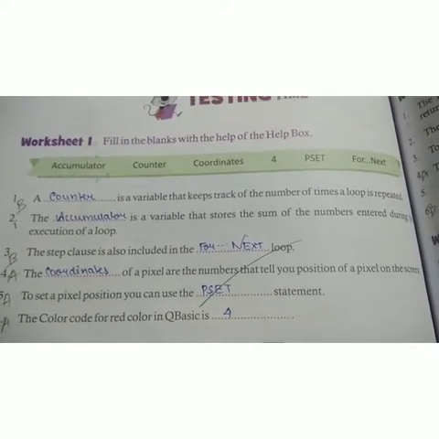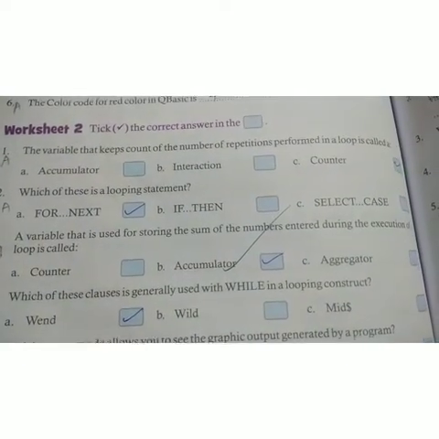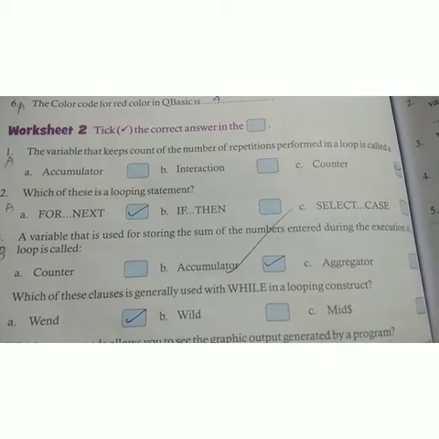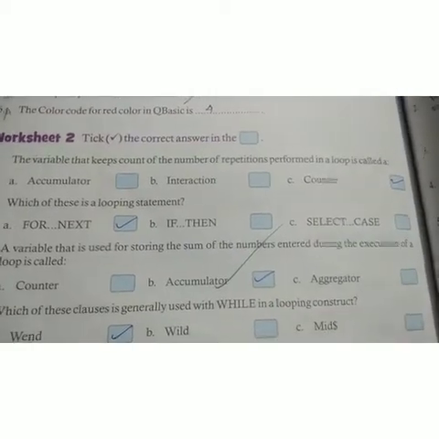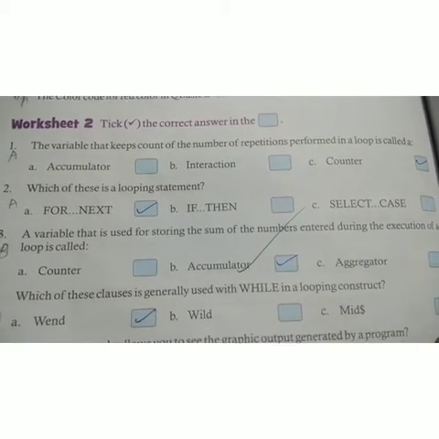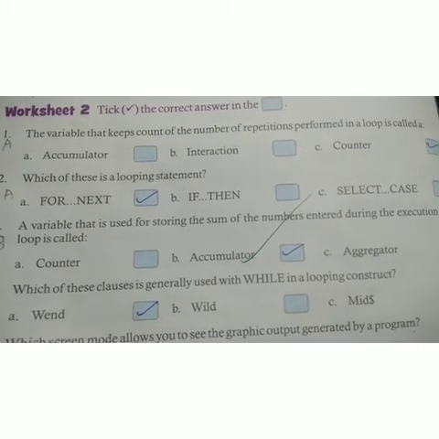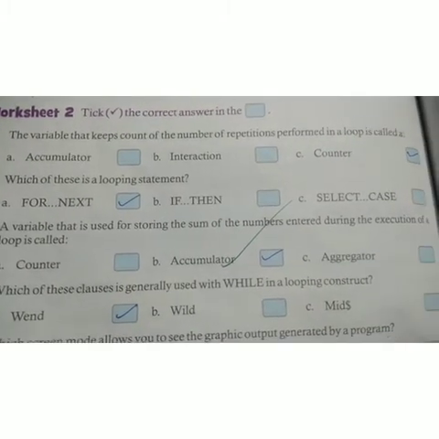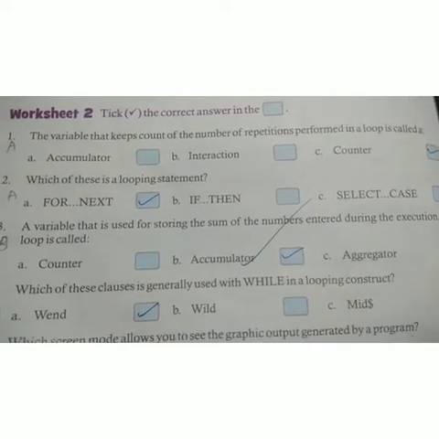Okay, so next is worksheet number 2. Tick the correct answer. First question: the variable that keeps count of the number of repetitions performed in a loop is called a counter. Next, which of these is a looping statement? FOR NEXT. Then third, a variable that is used for storing the sum of the numbers entered during the execution of a loop is called an accumulator.